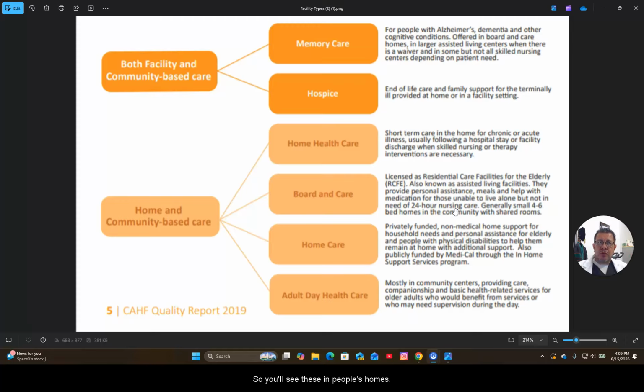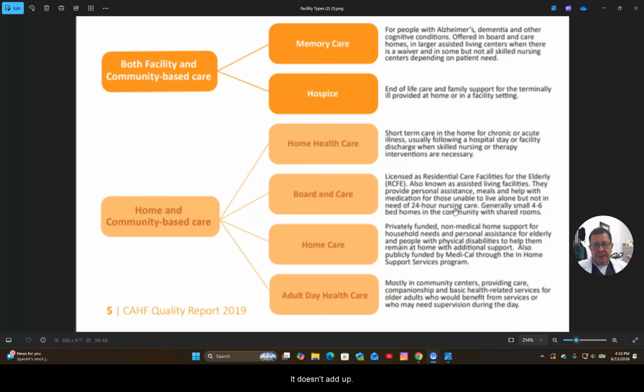So you'll see these in people's homes. So there's a lot of people that, instead of buying a single family residence, let's just say 4 bedrooms, 3 bath. No, let's just make it easy. 3 bedrooms, 2 bathrooms. Think about how much the rent is. Okay, how much you can rent this out.